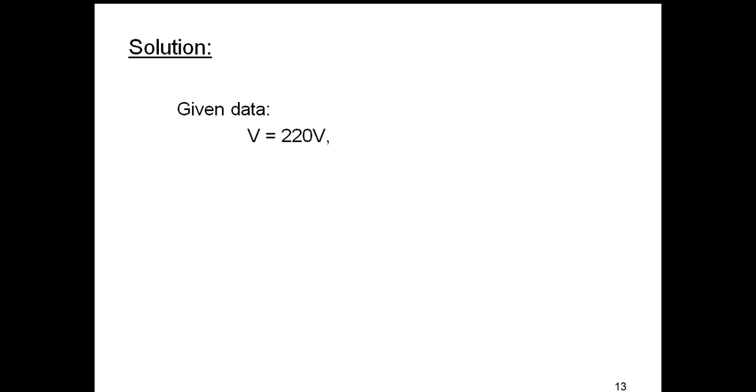See, given data, that is voltage is 220 volts, and the input power is given as 11 kilowatt, and the no load speed is 1150 rpm, that is rotations per minute, and armature resistance is 0.5 ohms.